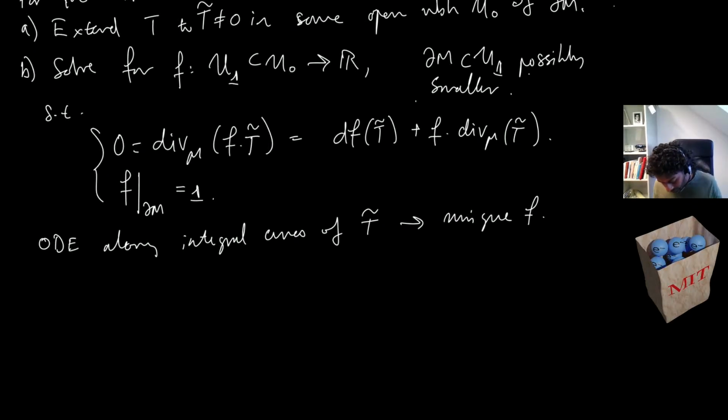But of course, I've written the divergence here with respect to mu, so how do we make sense of that?